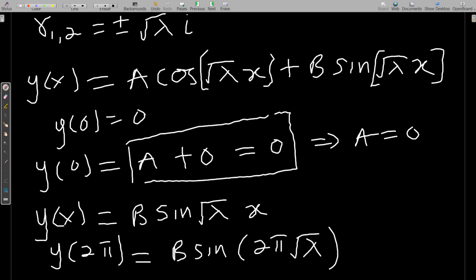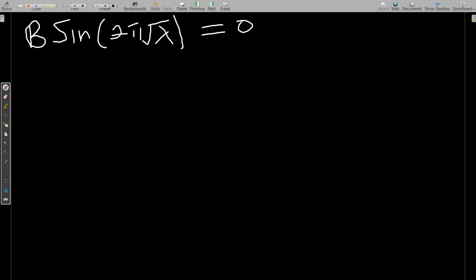Now remember, the x is just multiplying the square root of lambda, so you can interchange them anyhow. So once you have this, the question is given that this should be equal to 0, and this should be equal to 0 means that I have b times sine of 2 pi square root of lambda, and this should be equal to 0.